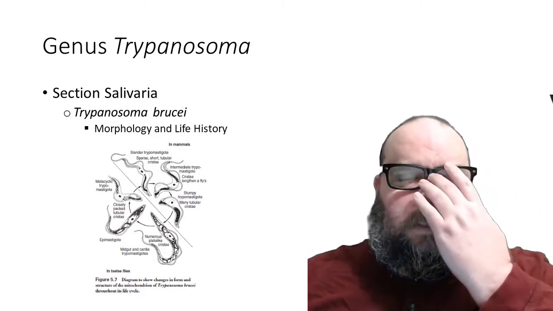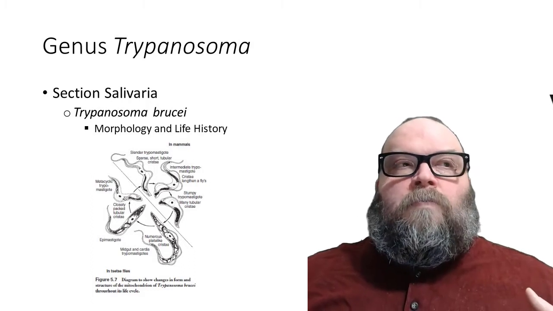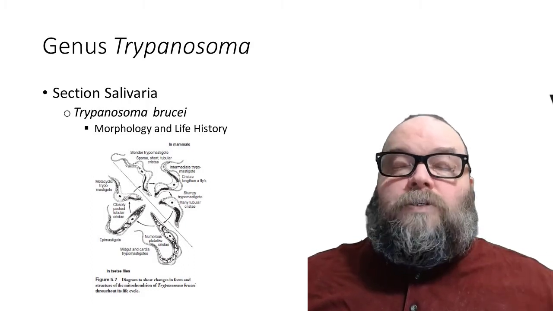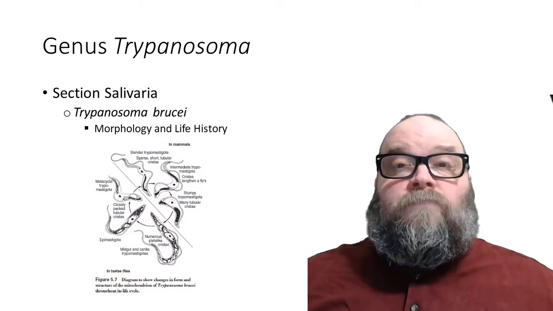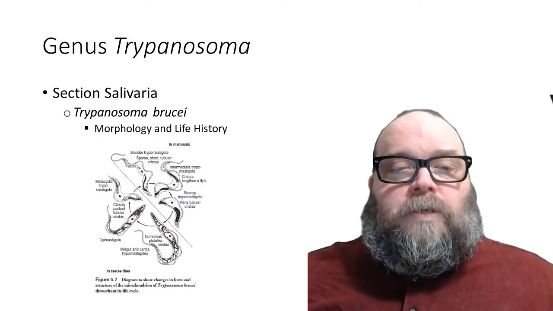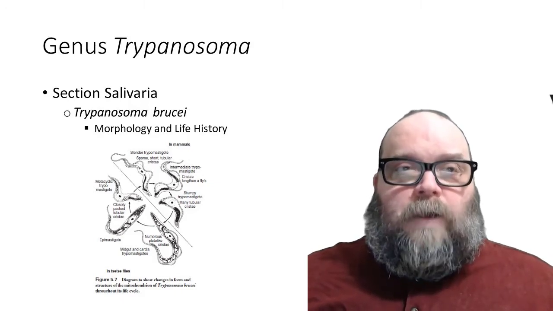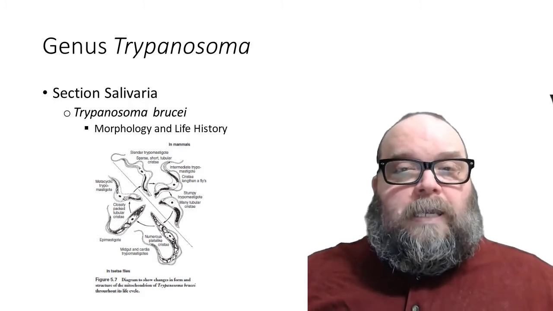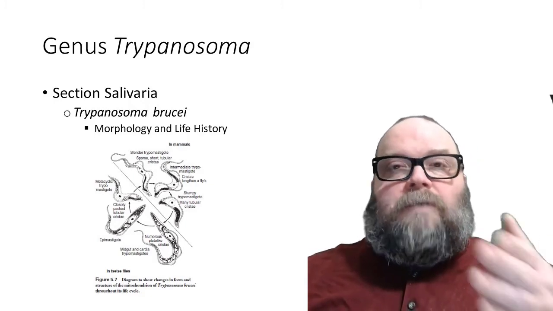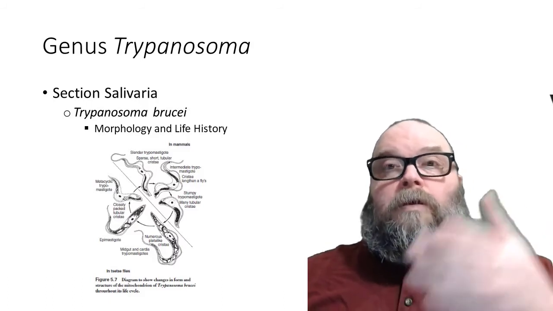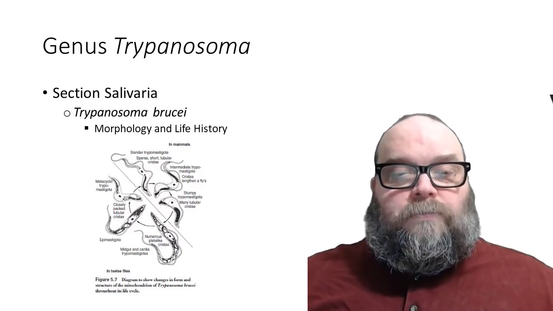Overall surface proteins on its surface are going to be more adapted to survival in the gut, which is going to allow this organism to survive the digestive enzymes of the fly, digestive enzymes and whatnot that are optimal for the lysing of mammalian blood cells.